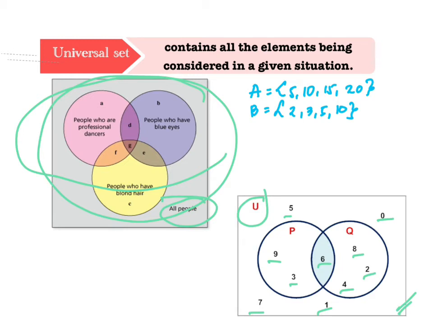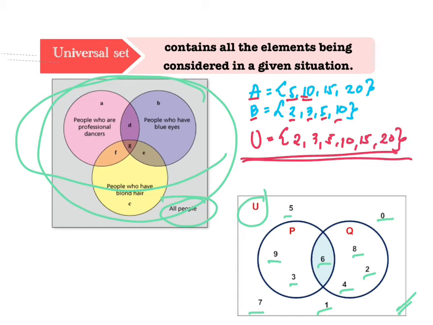Okay? So, yung universal set niya, capital letter U, are the elements na nandito sa set A and set B. So, ililista lang natin. So, we have 2, 3, 5, 10, 15, and 20. So, therefore, this is a universal set of A and B.